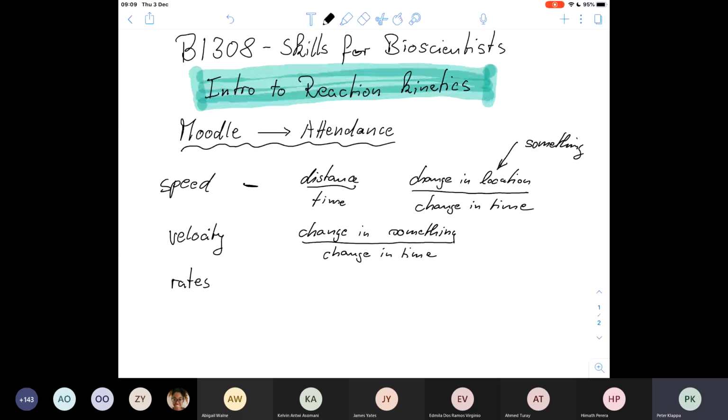Now, why would we have two different words for the same thing, i.e. speed and velocity? And I think Charlotte has already mentioned it. Velocity has a direction, whereas speed has no direction.